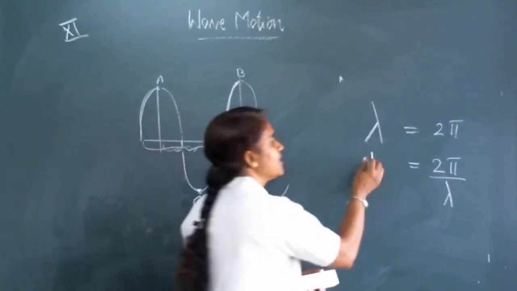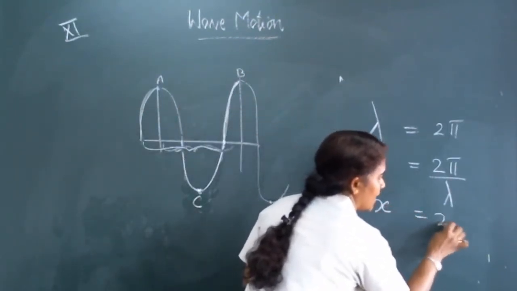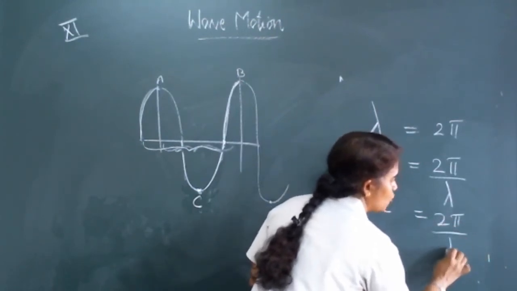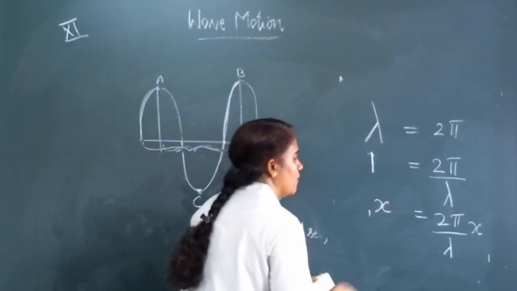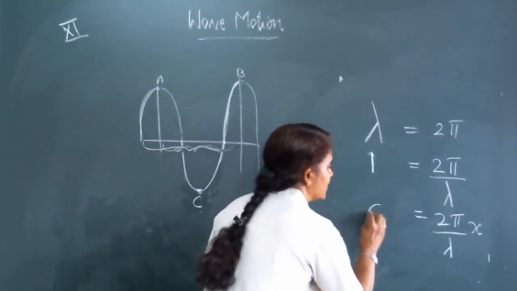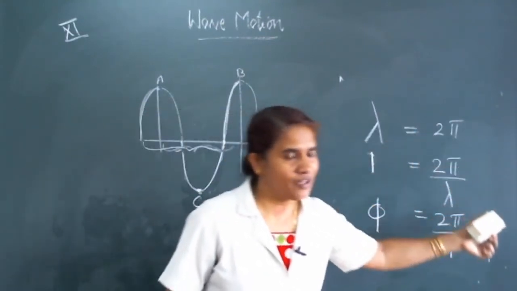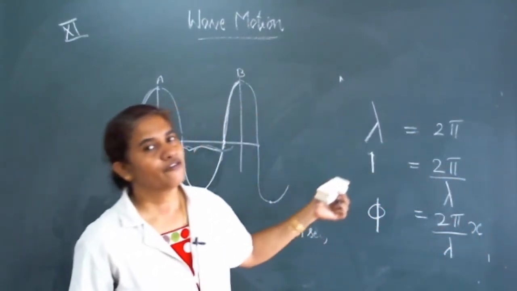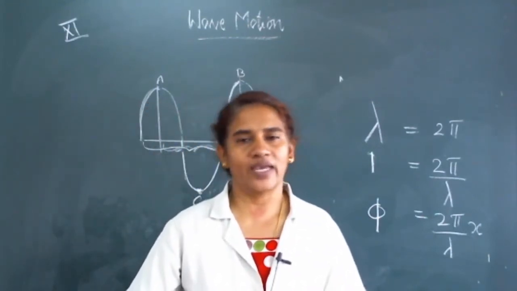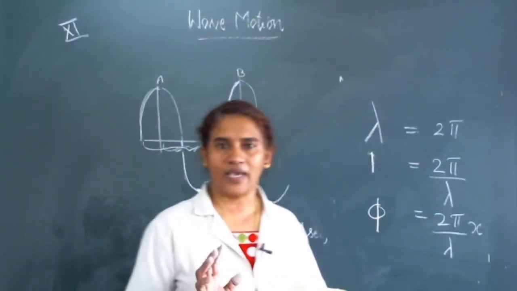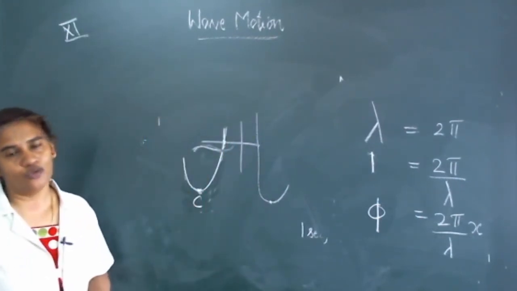For any distance x, the angle rotated will be 2 pi by lambda into x. This is what is called phi. If the path difference is x, the corresponding phase difference is phi, and the relation is 2 pi by lambda into x. This relationship should be learned by heart: phi is equal to 2 pi by lambda into x.